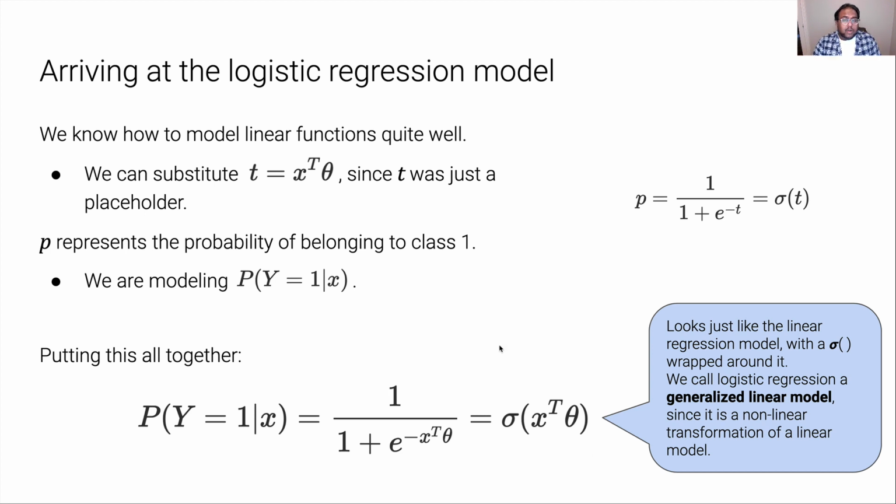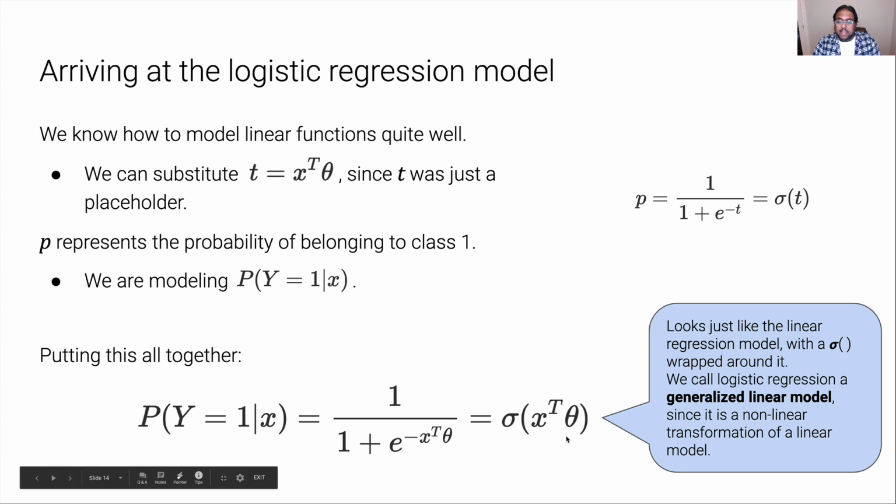So the logistic regression model formally models the probability of an observation belonging to class 1 given x, which is some vector of features, as being a linear combination of those features, x transpose theta, passed through the logistic function sigma. Now, this looks almost exactly like our linear regression model, and that's because it is very similar.